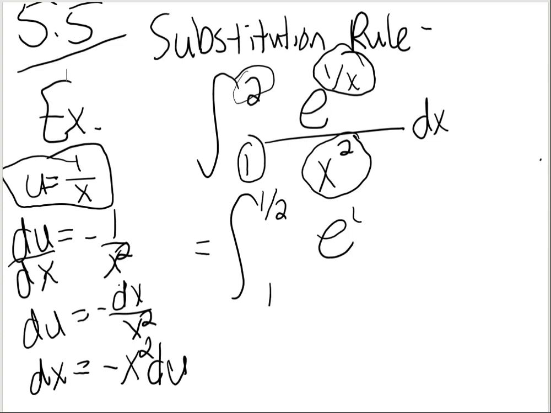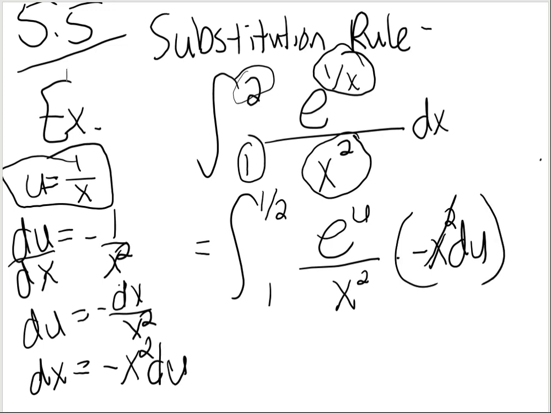And then there's e to the u over x squared times our dx, which is negative x squared du. The x squareds cancel, and look at that, it works out. So what do we get? The negative pulls out.